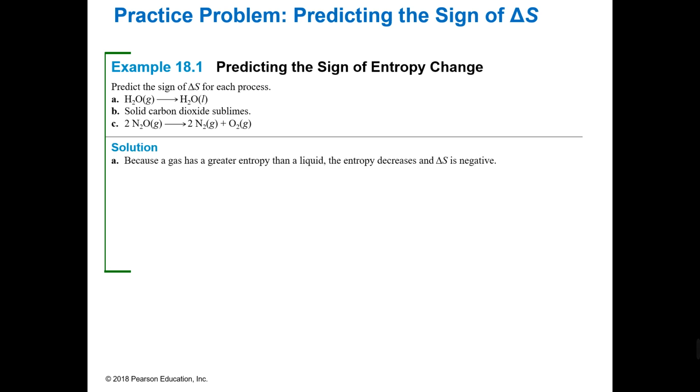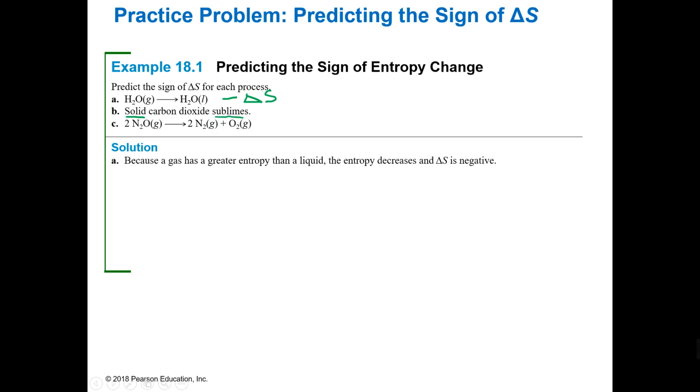So in part A, if you go from a gas to a liquid, gas has a higher entropy than liquid, so the entropy is going to be decreasing overall. That's going to give us a negative delta S for this one. Okay, solid carbon dioxide sublimes.